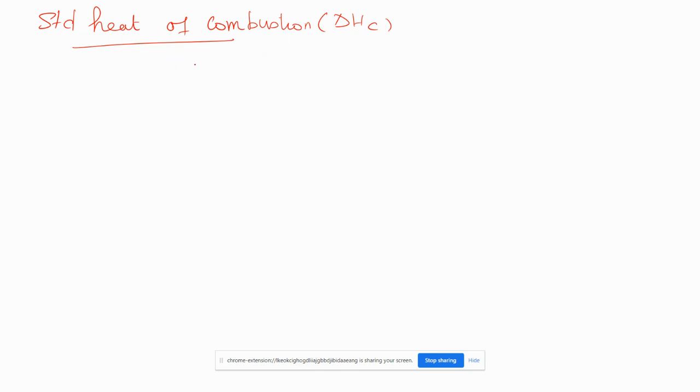The standard heat of combustion of a substance is defined as the heat of the reaction of the substance with molecular oxygen to yield specified products, with both reactants and products in the standard state.